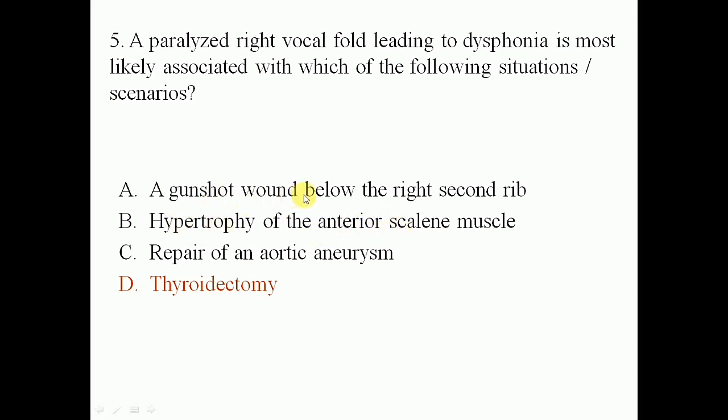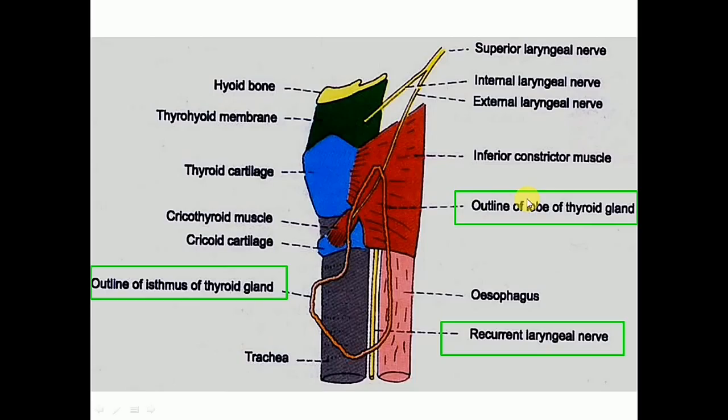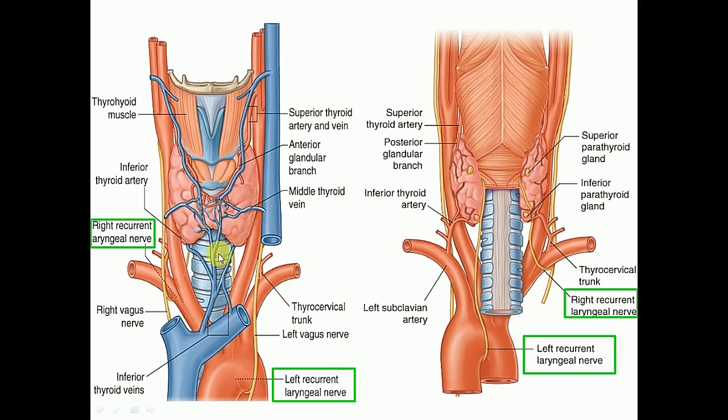A gunshot wound below the right second rib, though the right recurrent laryngeal nerve is involved, is not the cause, because the right recurrent laryngeal nerve arises in the root of neck and not in the thorax. So even if there is a gunshot wound below the right second rib, the recurrent laryngeal nerve of the right side won't be affected.